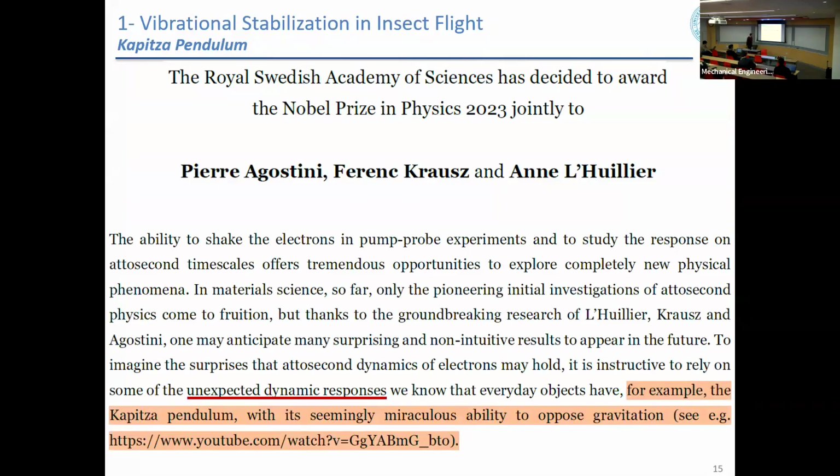So they want to tell people about the high frequency vibrations. They mentioned this, the Kapitsa pendulum, the inverted pendulum, which is vibrating. And it seemed that they did not find a better demonstration to cite in the paper than ours. Which was so cool because we made this for fun and it turned out to be cited in something serious and prestigious like the Nobel Prize, which is interesting.